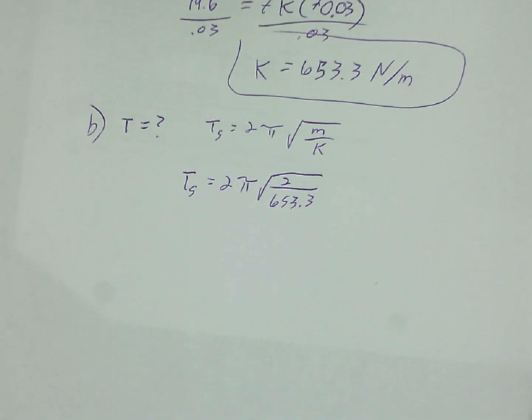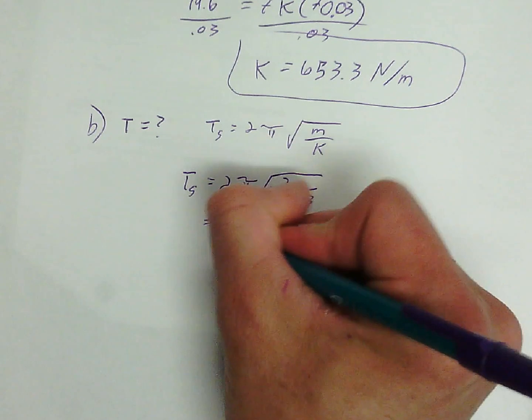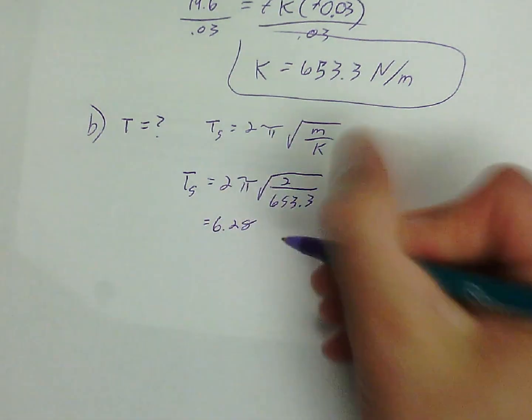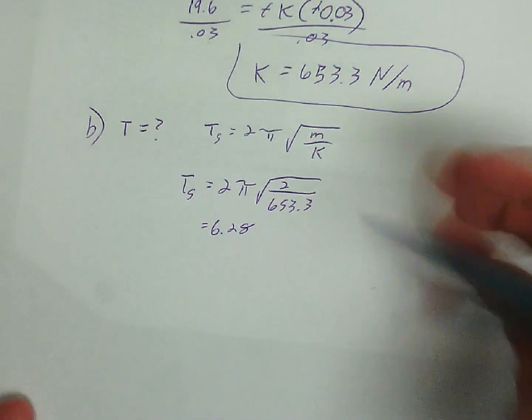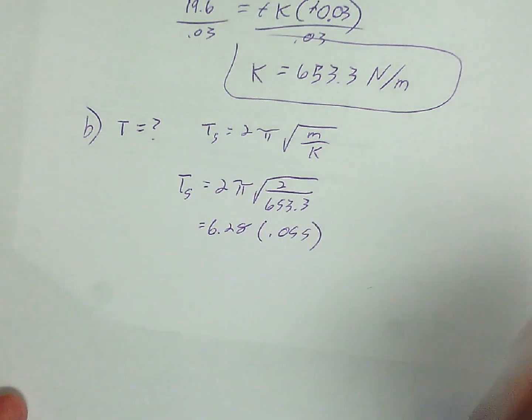And now you just do all the math. Okay, 2 pi is 6.28. And the square root of that answer is 0.055.